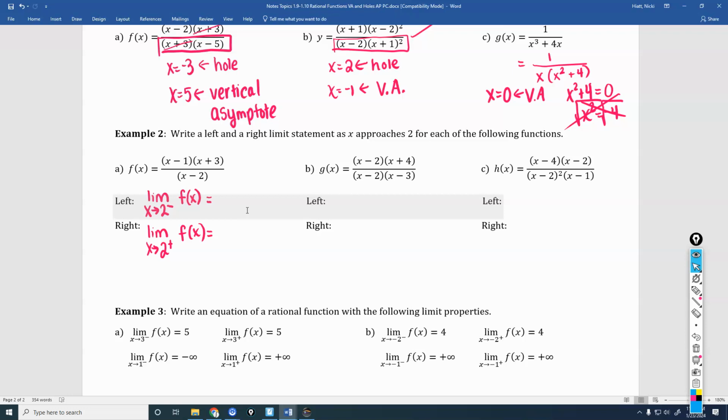All right, so for this, write a left and right limit statement as x approaches 2 for each of the following. We've got to think about first of all, whether it's a hole or a vertical asymptote. If it's a hole, we'll get a number for these answers. If it's a vertical asymptote, we're looking at positive and negative infinity. Do we have a vertical asymptote or a hole?